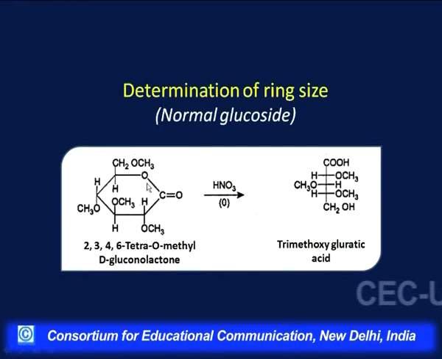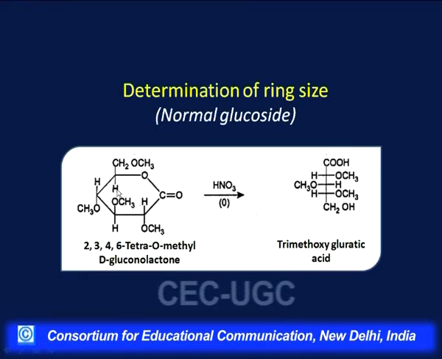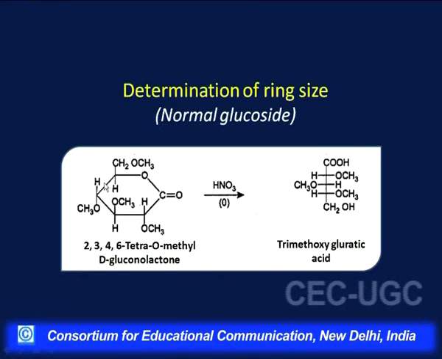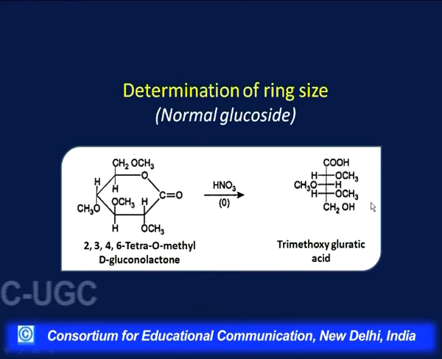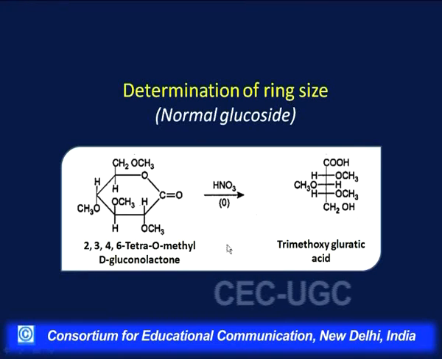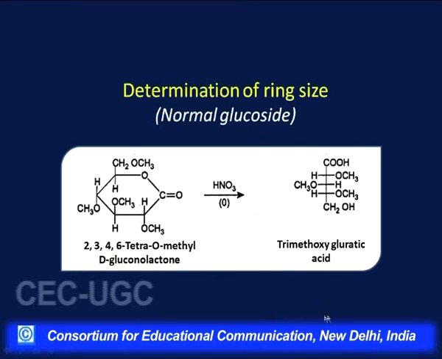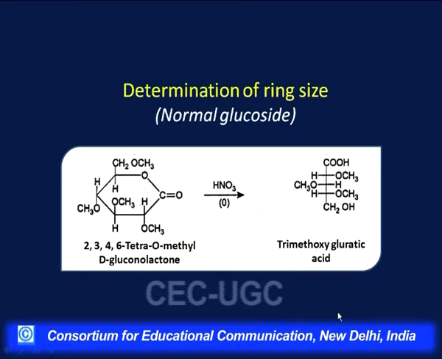This opens up, this is the hydroxyl present at carbon number 5 now, and bond may break on this side or this side. So, we may get a 4 carbon dicarboxylic acid, or if this breaks here, we get this 5 carbon dicarboxylic acid. Since this compound can be formed only if the linkage is through carbon number 5, that confirms a 6 membered ring structure for the normal glucosides.